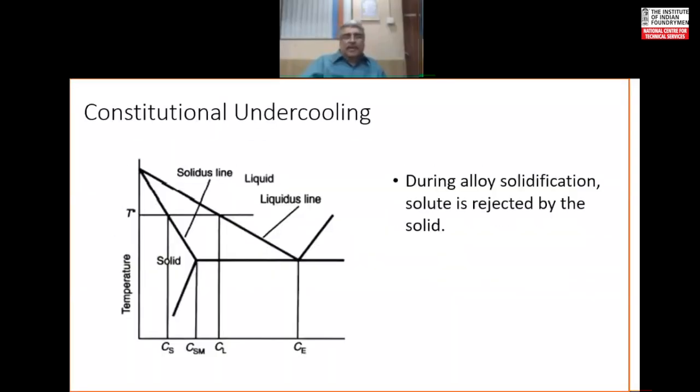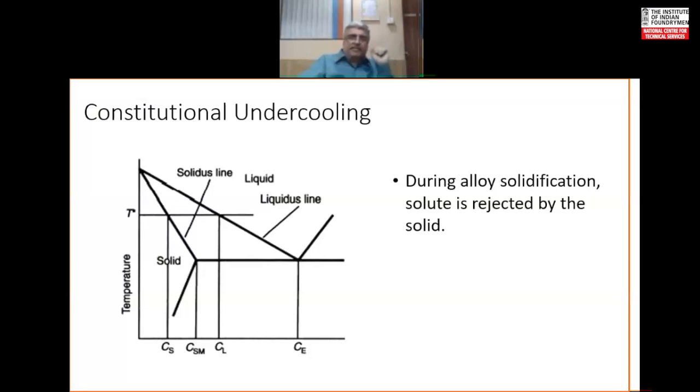Now let's have a quick look at constitutional undercooling. On the left hand side you see what looks like an iron carbon diagram, some portion. During solidification, the solute is rejected by the solid; here the solute is carbon.